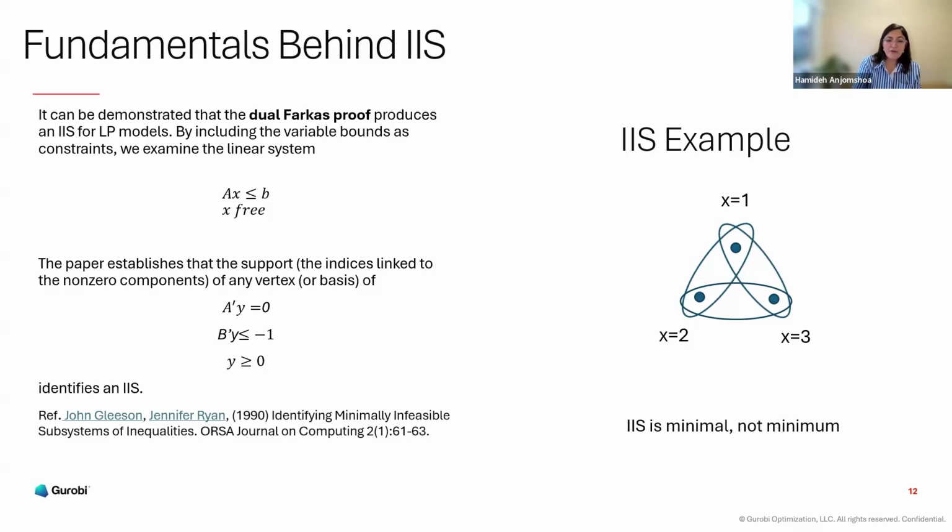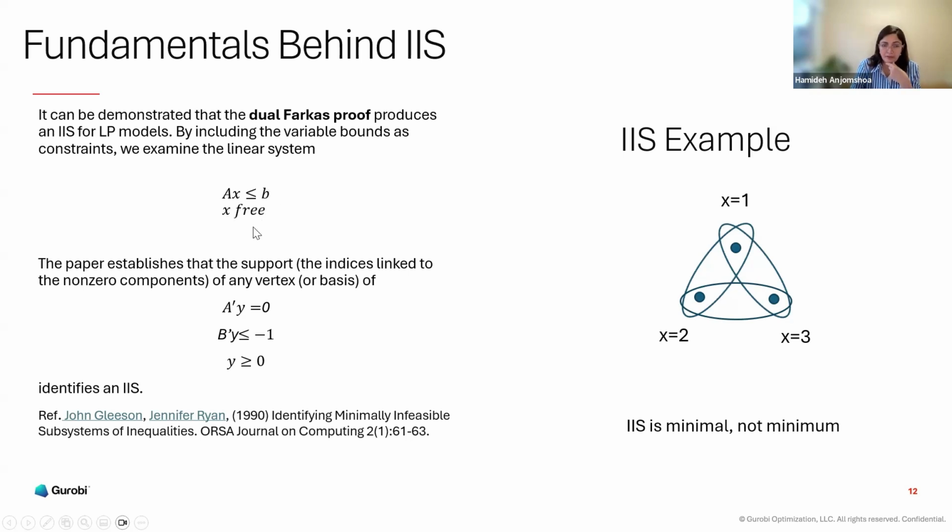How it works: if you have a system of constraints here, Ax less than or equal to b, in order to make x free, we can add all the lower bounds or upper bounds for x into constraints, so that this becomes a general system.